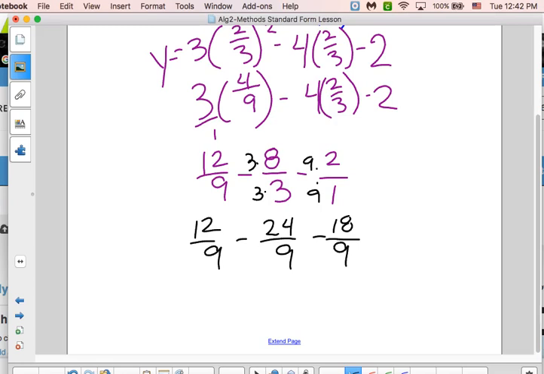If your denominators are all the same, those are just going to stay. So the top takes the operation. Negative what? So 12 minus 24 minus another 18. Negative 30. What number goes into both 30 and 9?